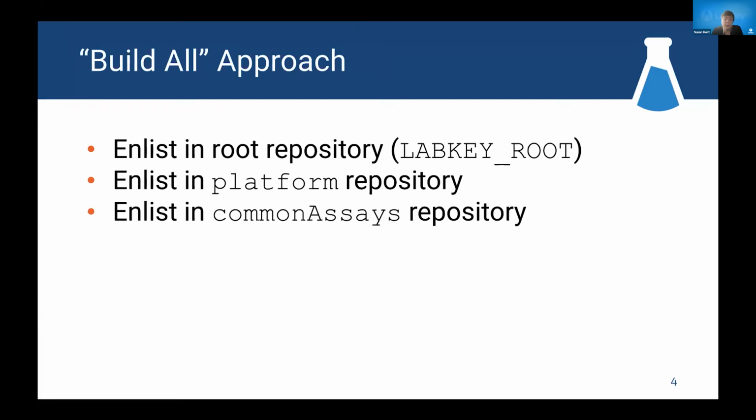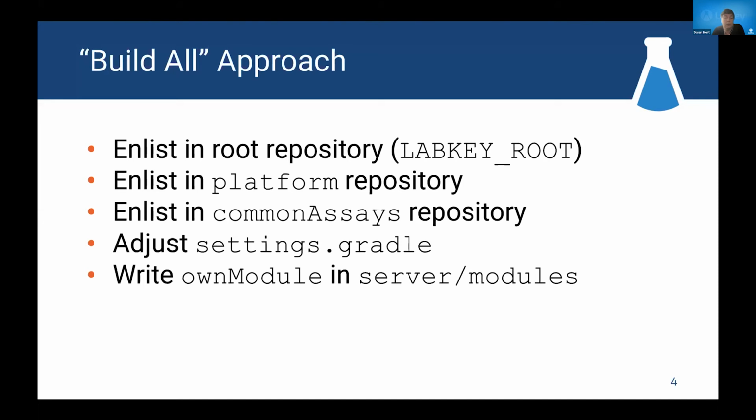And because I want the NAB module as well, I'm going to enlist in the common assays repository. And I'm also going to adjust my settings.gradle. This is not something that's actually necessary, but because both platform and common assays come with more modules than I need, this is my one nod towards, I don't want to build all these things that I don't need, so I'll adjust the projects that Gradle knows about by editing that settings.gradle file.